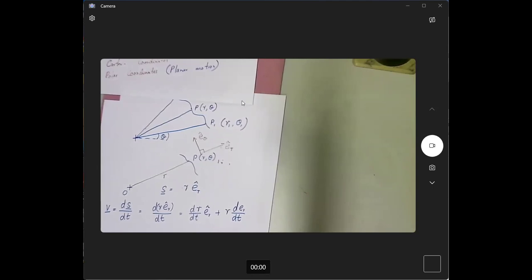Then how to find this quantity d e_r over dt? Is there a way to get this value?